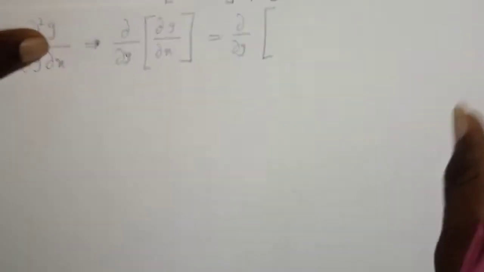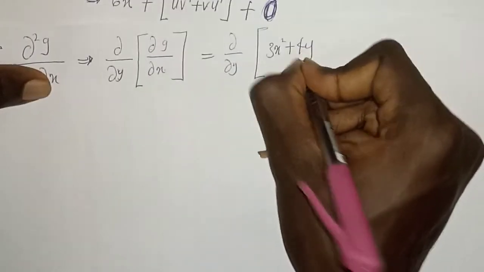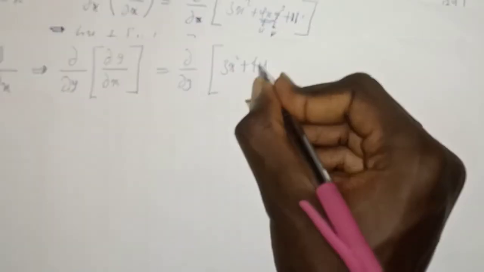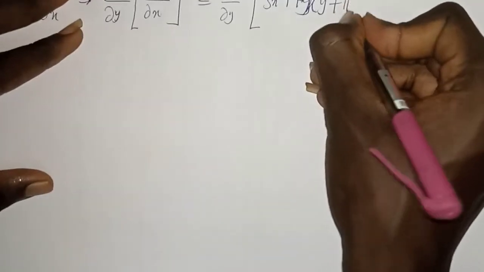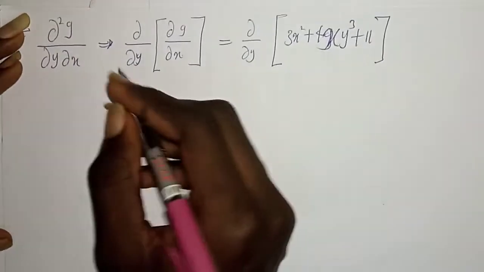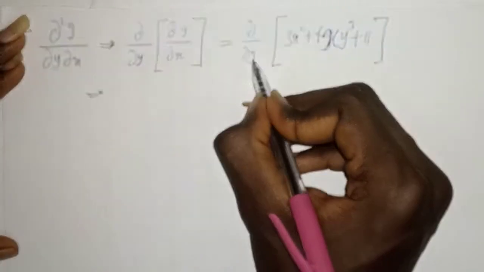3x squared plus 4xy cube plus 11. So let's confirm whether we get the same answer or not, to see how it looks. So from here, we can easily say that I want to differentiate 3x squared partially with respect to y.